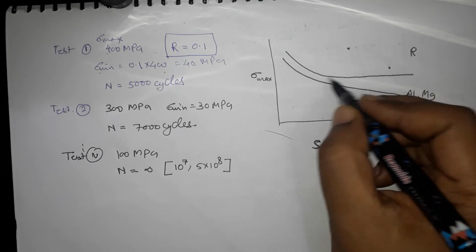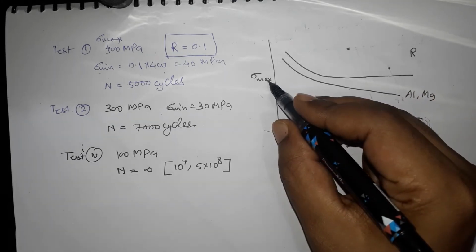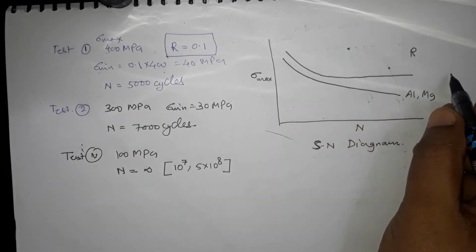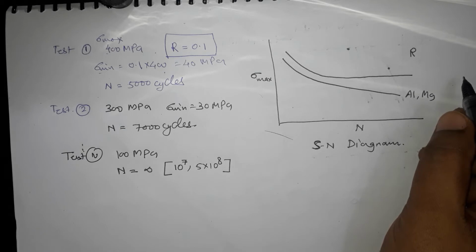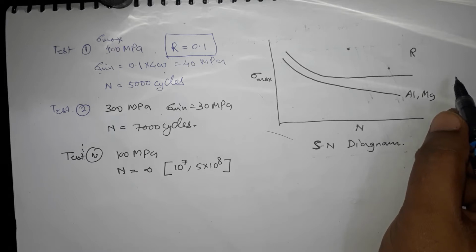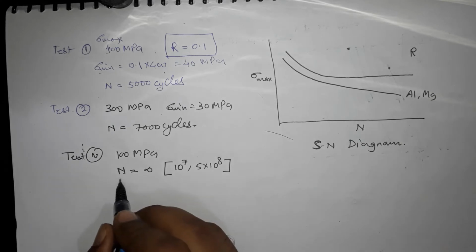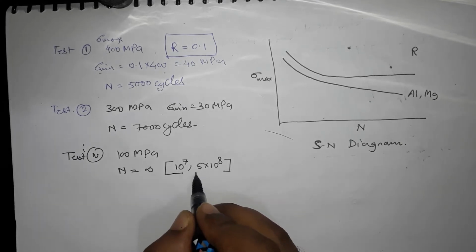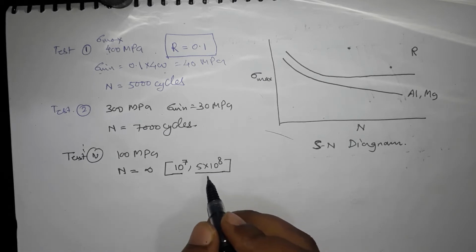So it appears that if you apply a stress lower than this, then the material will fail at infinite number of cycles, meaning that the material will not fail at all. And as I said, usually the tests are done for 10 to the power 7 to 5 into 10 to the power 8 number of cycles.